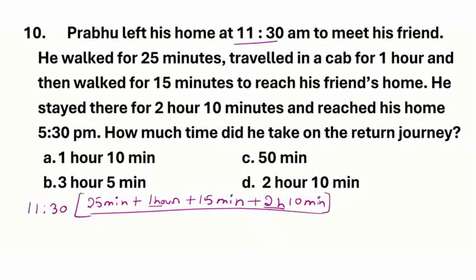Now 25 minutes plus 15 minutes makes 40 minutes. 40 minutes plus 10, 50 minutes, means the total of all this gets 3 hours 50 minutes. So this is the time he took to go and to stay there.